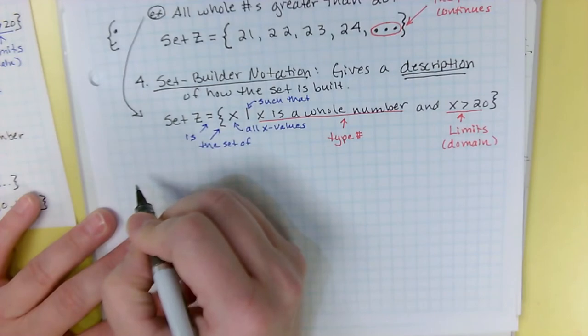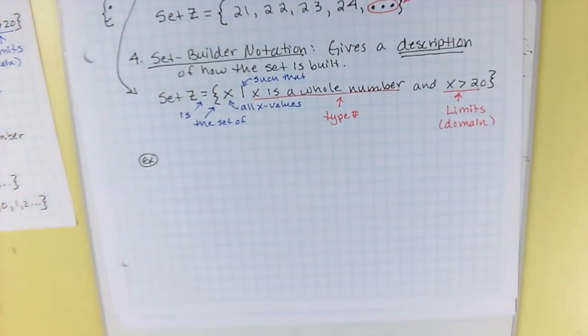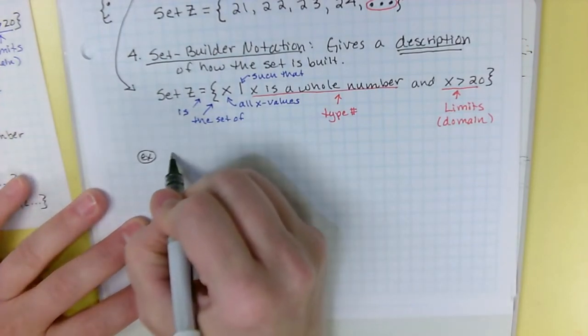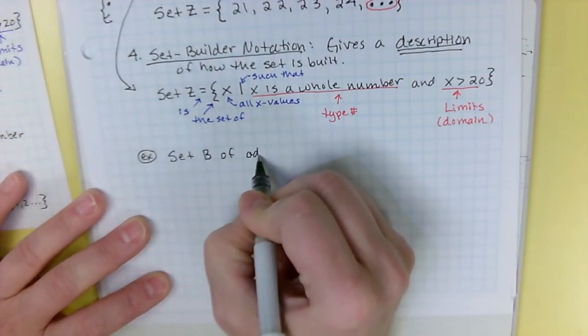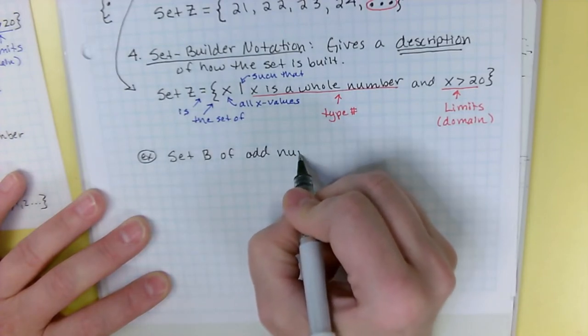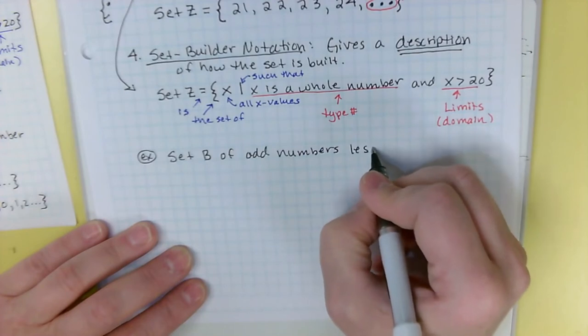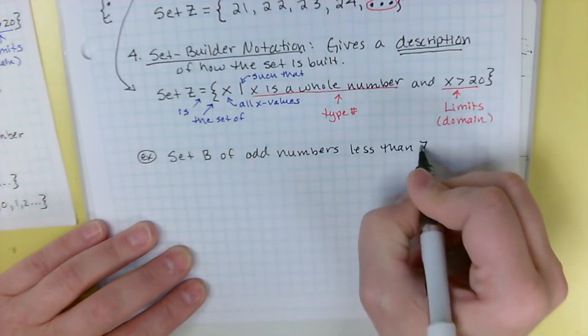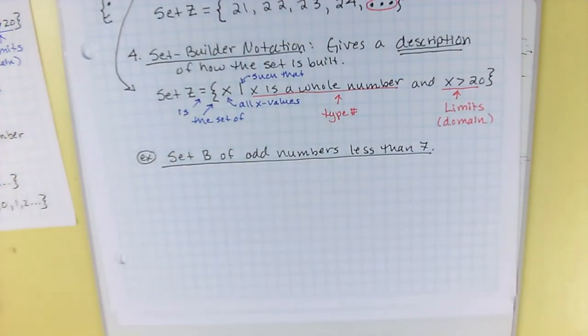All right, let's do another example. Okay, we're going to do the set B of odd numbers less than 7. Odd numbers less than 7.